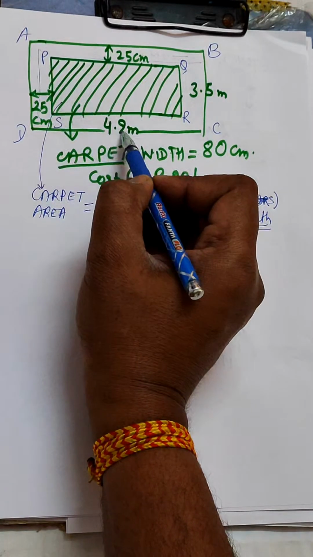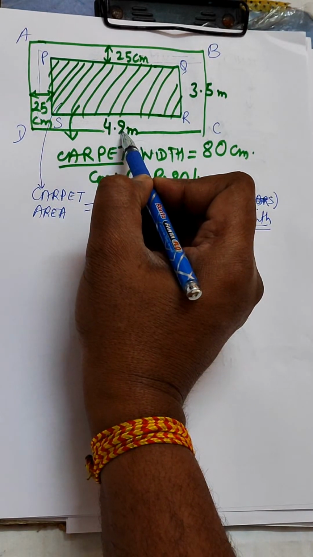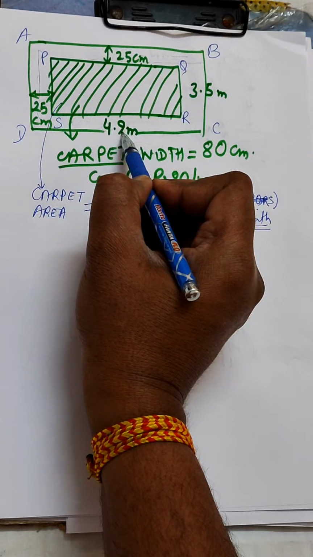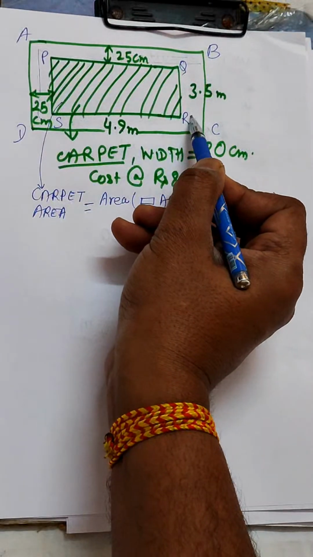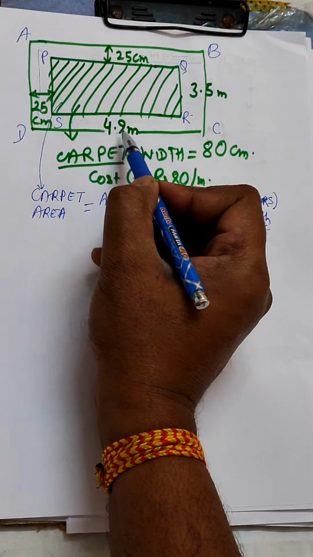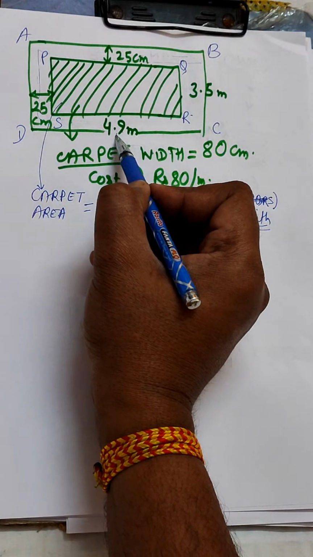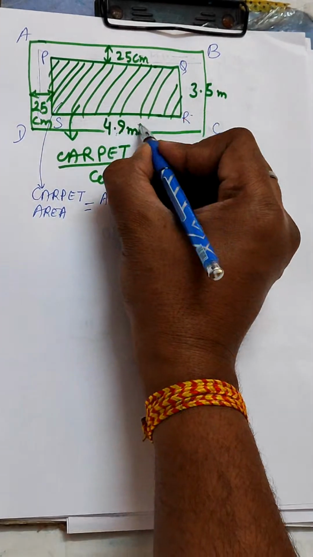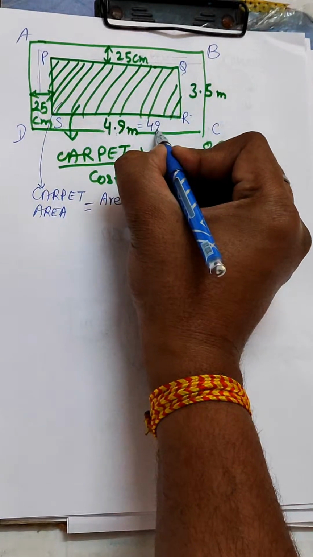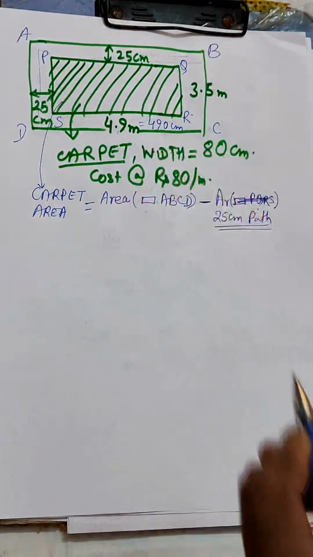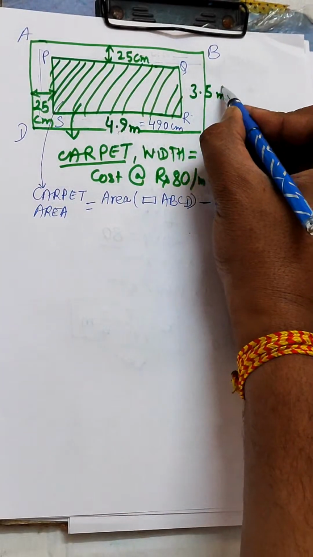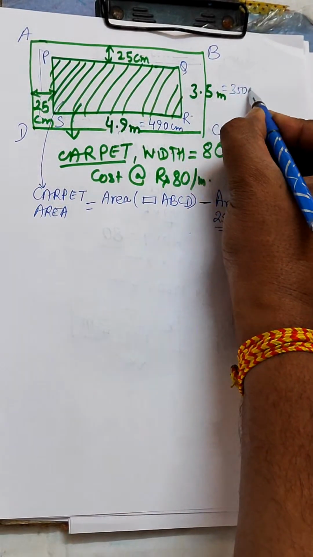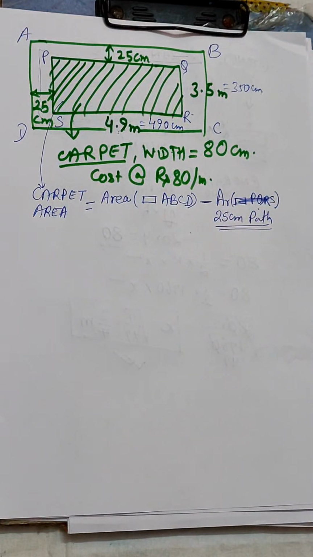So here it's 4.9. Let's convert it into centimeter first. This will give you 490 centimeter and this will give you 350 centimeter.